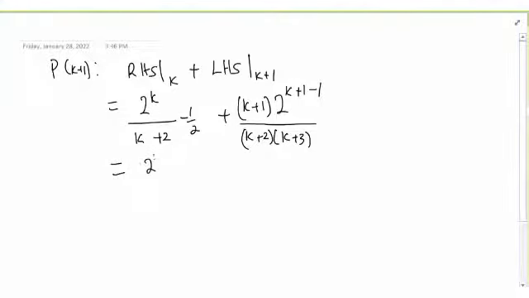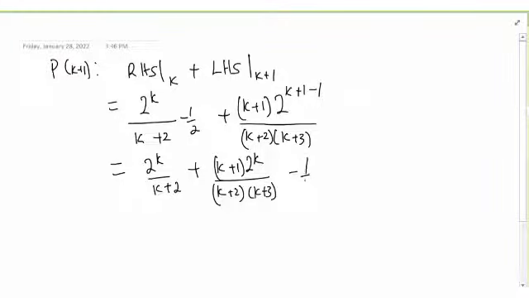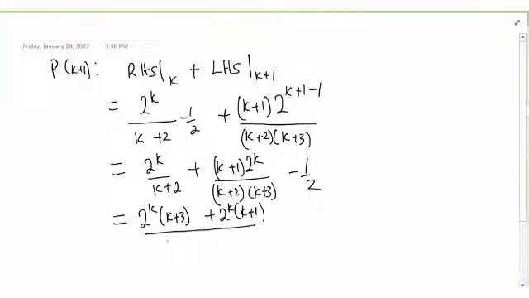So we can now write 2 raised to k over k plus 2 now. So we can say plus k plus 1 now times 2 to the kth power divided by k plus 2 into k plus 3 minus half, which you can also write as 2 to the kth power into k plus 3 plus 2 to the kth power into k plus 1 divided by k plus 2 into k plus 3.